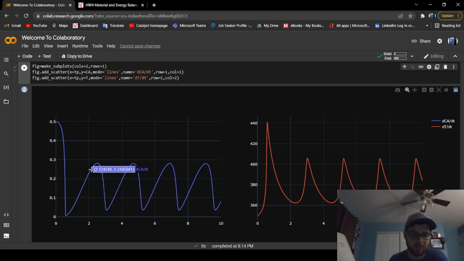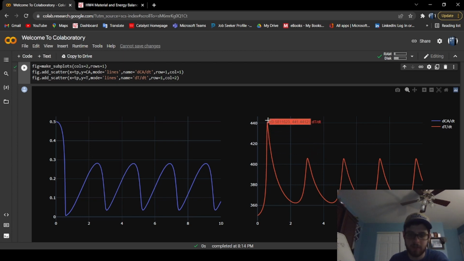So at 2, or rather just after 2, the concentration's really high. So as the concentration is high, the temperature is lower. And as the temperature is higher, the concentration is at its lowest. Well, aside from this right here. So this is what causes explosions.